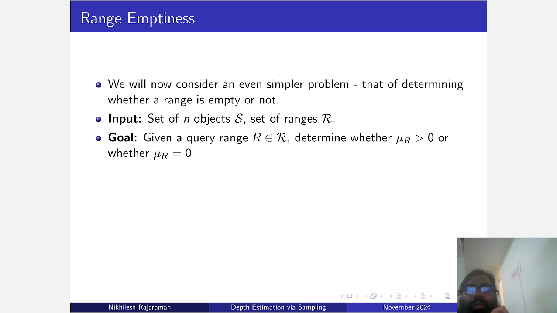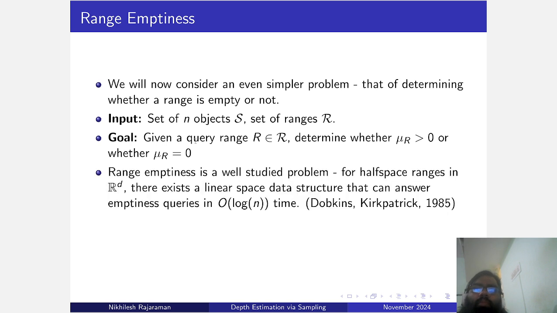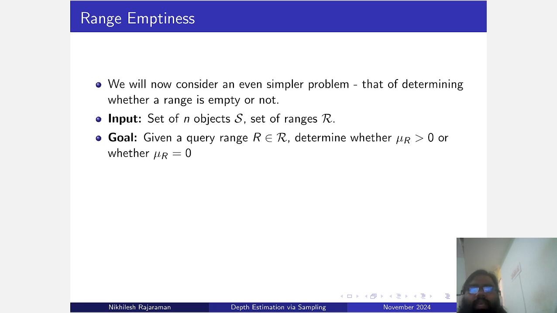Or in other words, whether the range intersects any objects or if it intersects no objects. So in the context of range counting, this problem essentially comes down to answering whether a query range is empty or non-empty. That's it. And as we've seen over and over, the goal is to solve this efficiently somehow by pre-processing our input set of points.